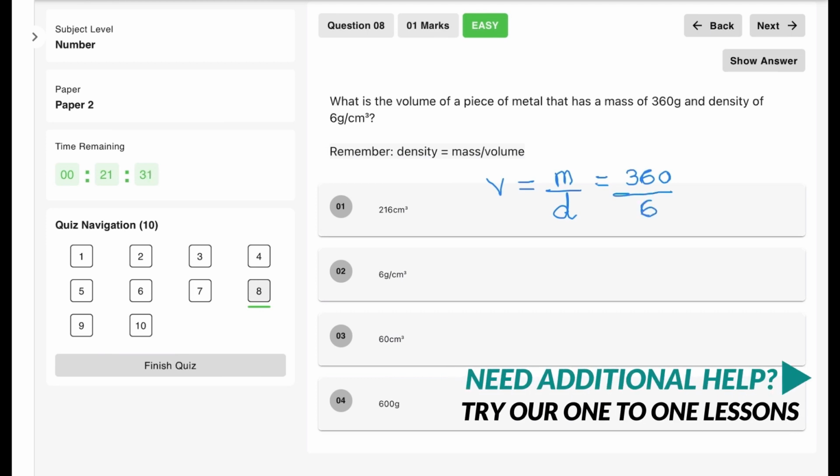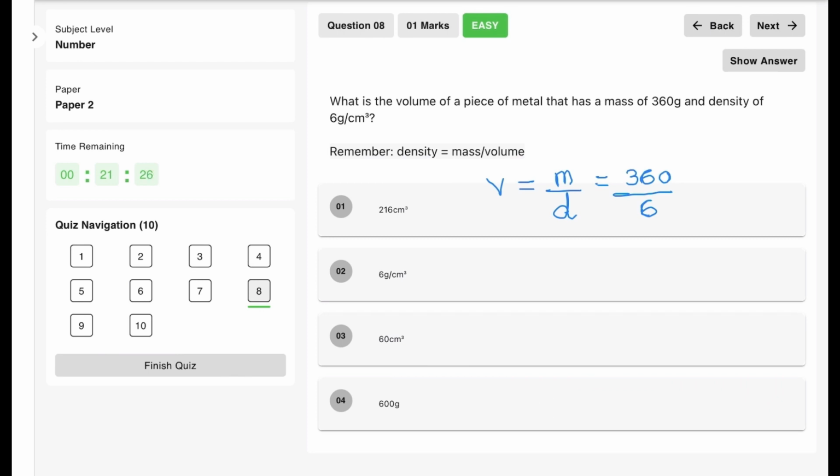Now, it's vital that you make sure the units are the same. You can see that this is grams and this is grams per centimeter cube, so that means it's fine. When you divide, your answer is 60, and it's going to be volume in centimeter cube. So therefore, our solution is number 3.